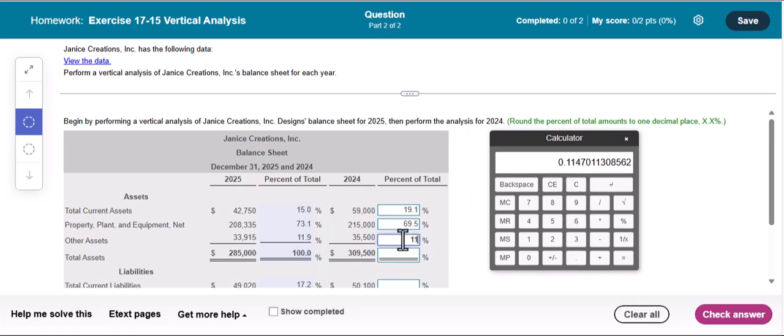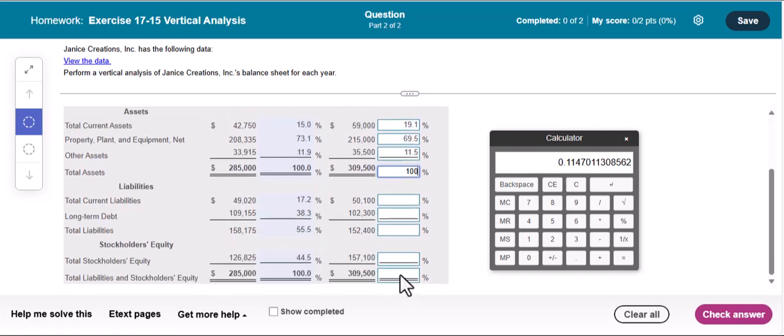And if you add these up, it will be 100%. That's another way to check our work, since we are calculating each of these individually out of the total assets. So we also know that this will end up being 100% here at the bottom, the total liabilities and stockholders' equity.